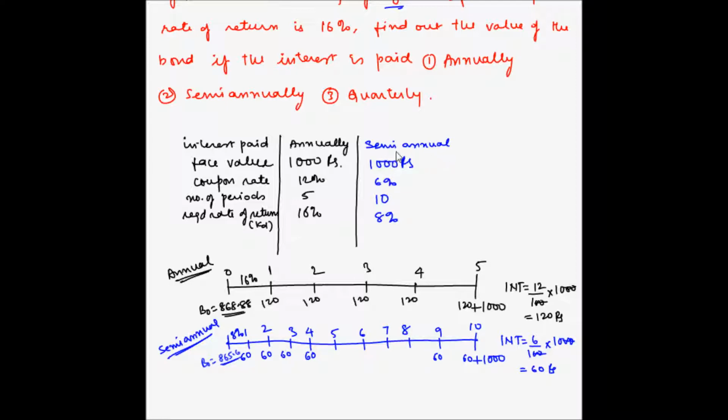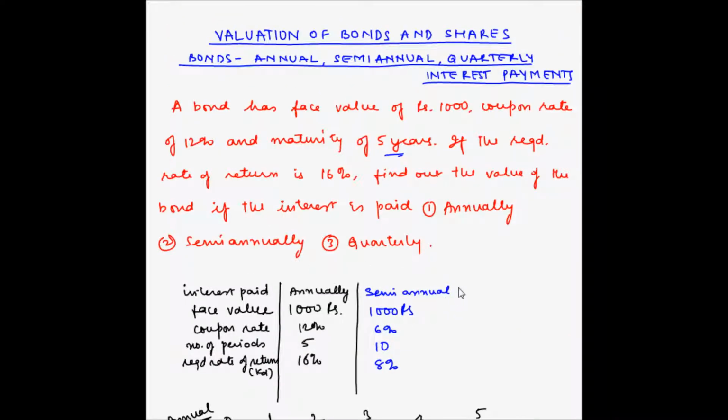Now let us take the third case, which is quarterly interest payments. So interest paid is quarterly. The face value remains the same, which is 1000 rupees. The coupon rate on an annual basis is 12%.